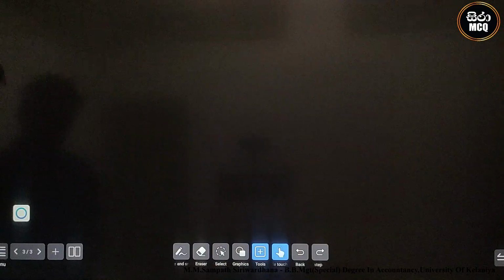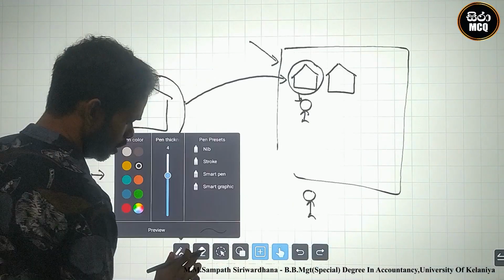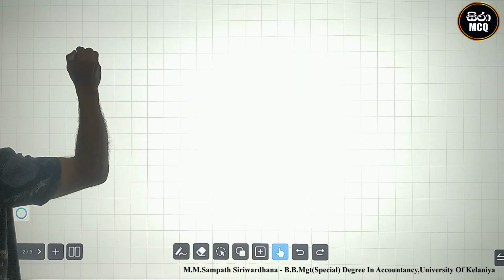Dividends per share. How can we calculate?